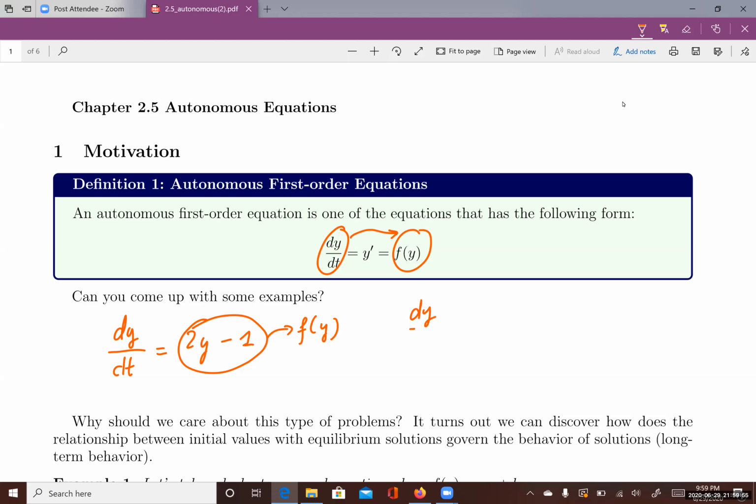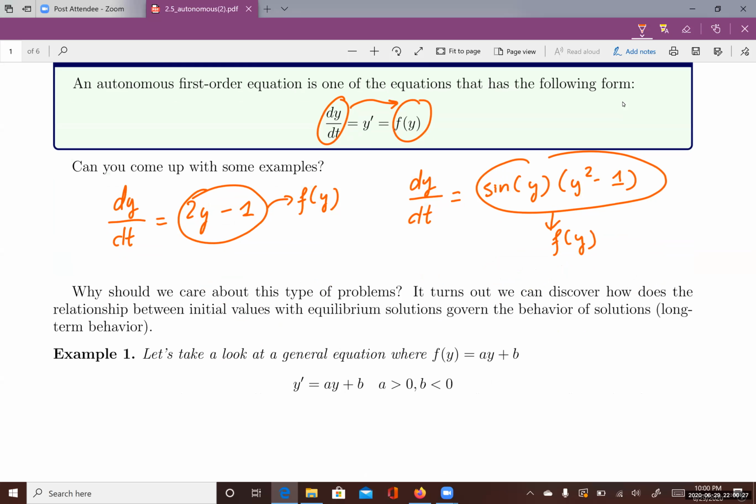Another example can be dy/dt equals sine of y times y squared minus 1. Again, this is a function f of y, and you don't have any explicit functions of the independent variable t in these functions. So these two are examples of autonomous first order equations.